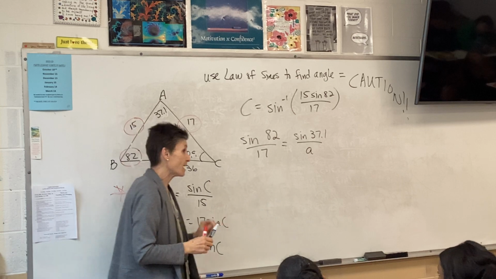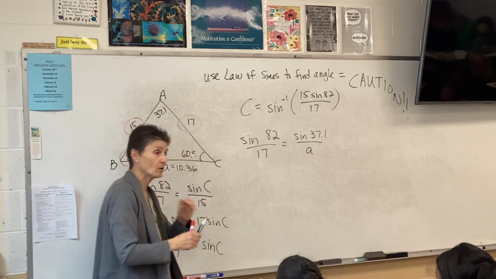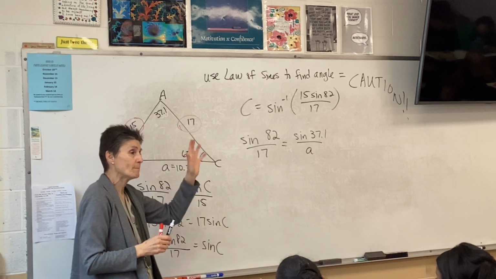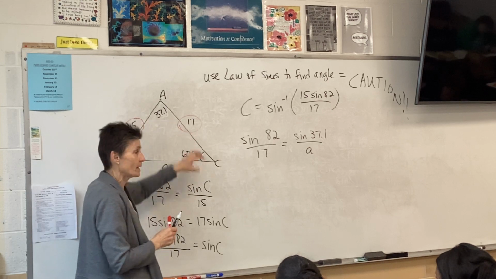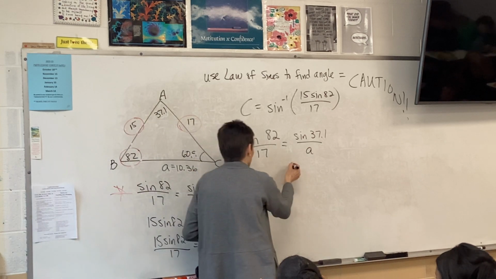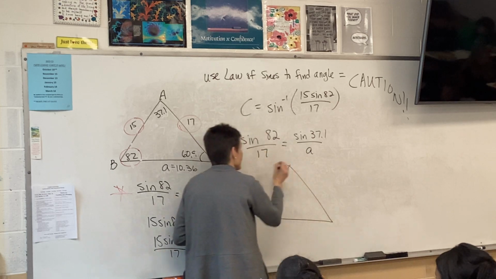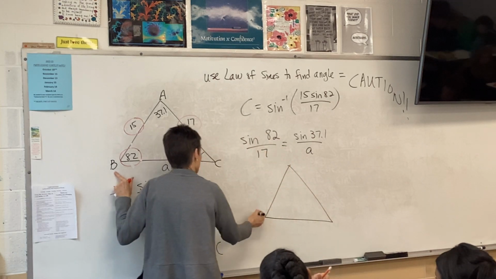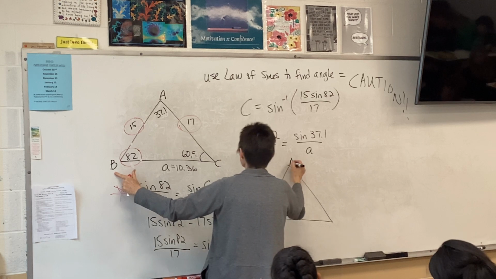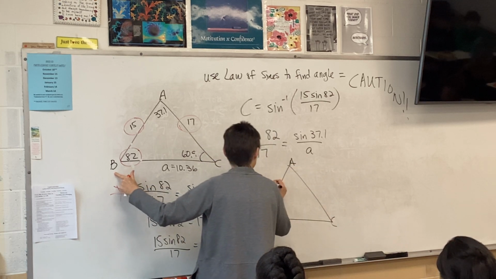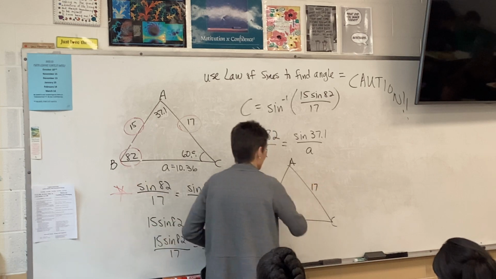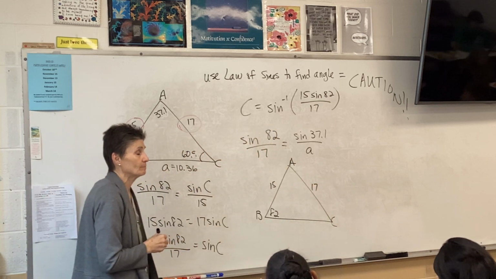If it's side, side, side, angle, side, angle, all those, it's one, done. No ambiguity. This is the one problem, okay? So you must check for the second triangle. Here's how you very easily can check. Here's the given.